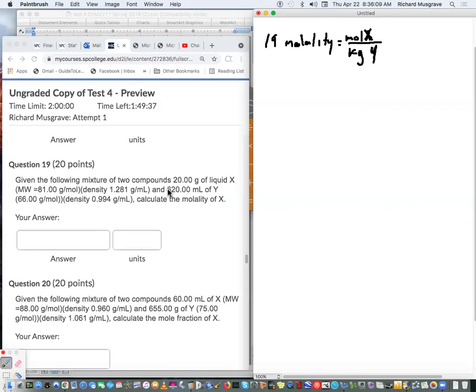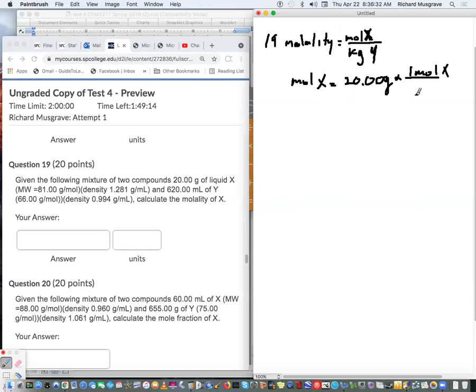So moles of X, we already have grams here, so it's going to be moles of X is equal to 20.00 grams. Now keep in mind, you could have been given a liquid, which meant that you would have had to convert to a mass using the density formula, just like we did before. So that could happen.